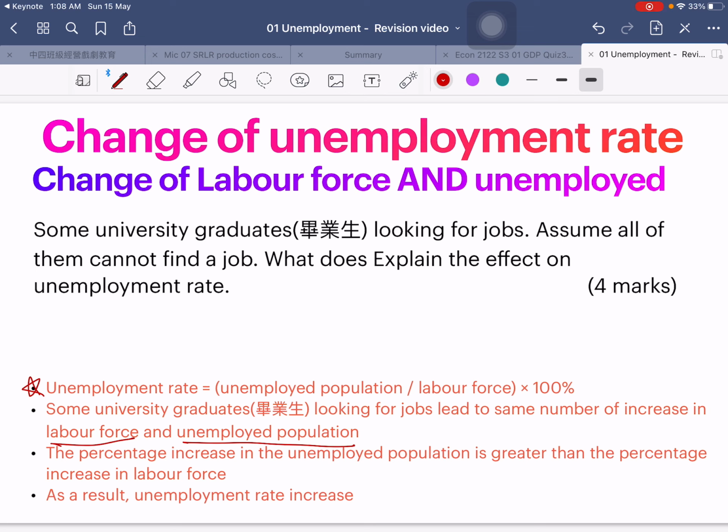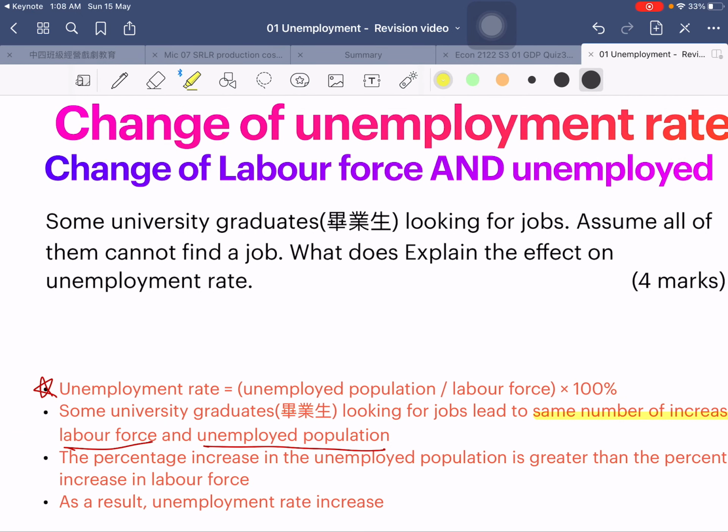One keyword is that we found they have the same number of increase in the labor force and unemployed populations. And by theory, if the labor force is 100 people, unemployed is most likely less than the labor force.